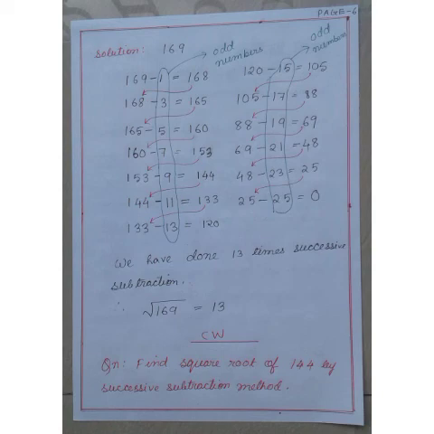From 165 we subtract the third odd number 5. We get 160. From 160 we subtract the fourth odd number 7. We get 153. Like that we continue the subtraction until we get 0. We have done 13 times subtraction to get 0. Therefore, the square root of 169 is 13.